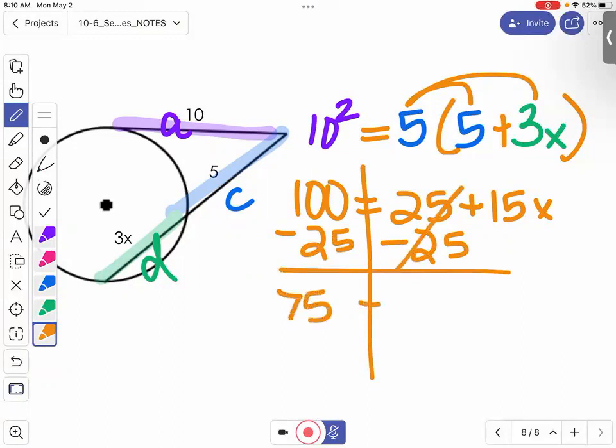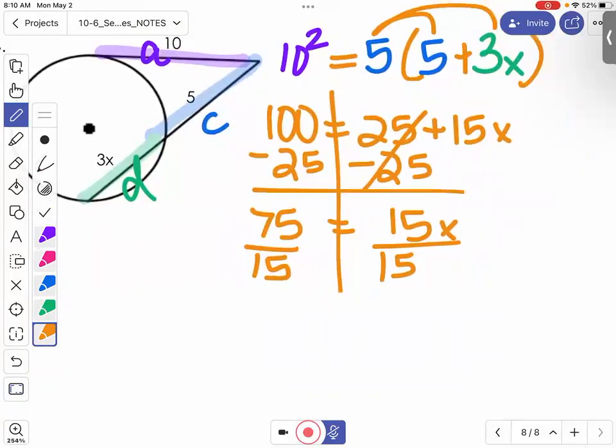So 75 is equal to 15x. So now we can divide out that 15. And my X is equal to 5.